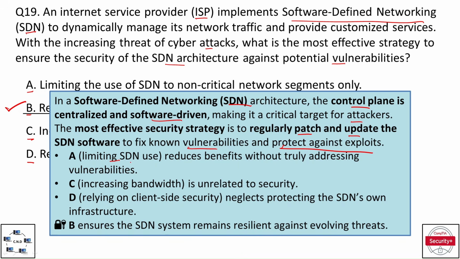Option A, limiting the SDN use reduces benefits without truly addressing the vulnerabilities. Option C, increasing bandwidth is unrelated to security. And option D, relying on client-side security neglects protecting the SDN's own infrastructure. So option B ensures the SDN systems remain resilient against evolving threats.